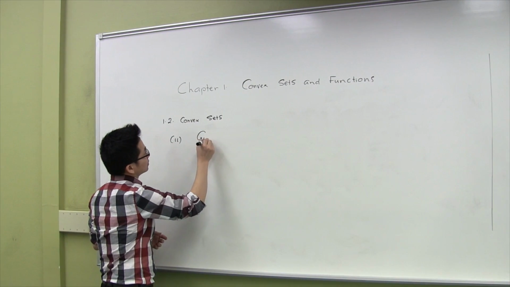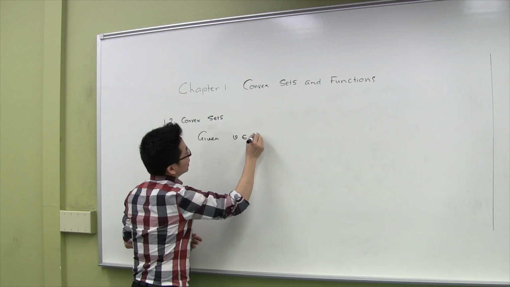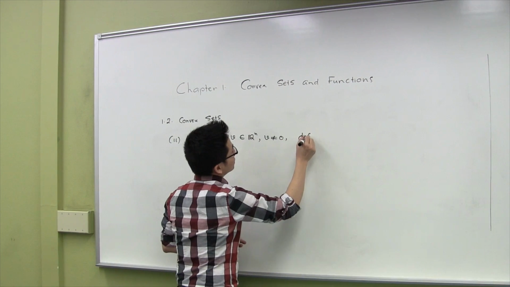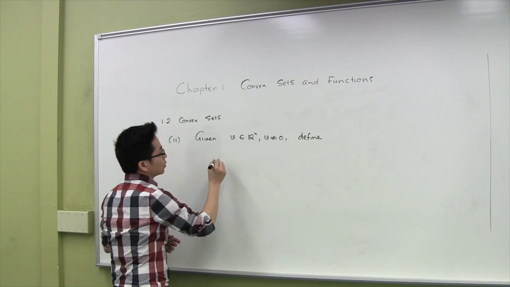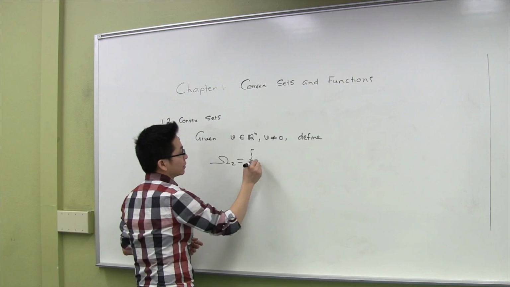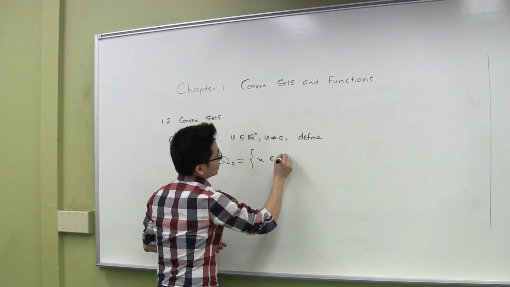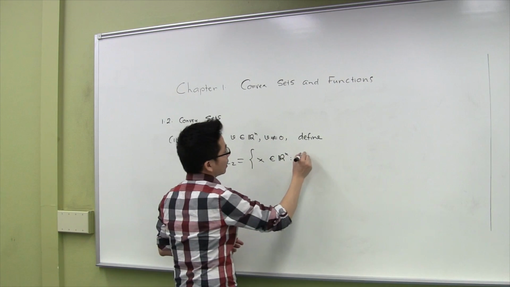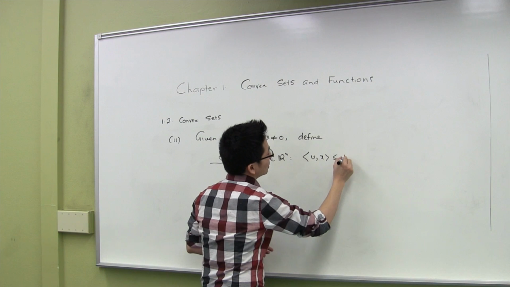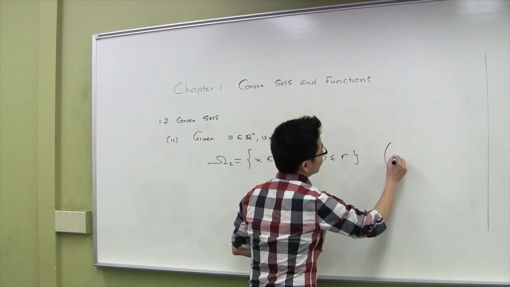Given any v in Rn and v is non-zero, define the set omega 2 by the collection of all x in Rn such that the inner product of v and x is less than or equal to r. Over here, r is a real number.